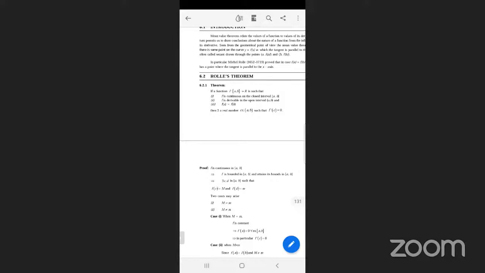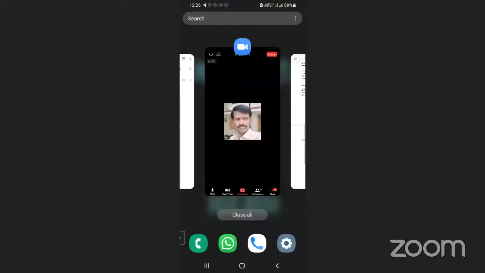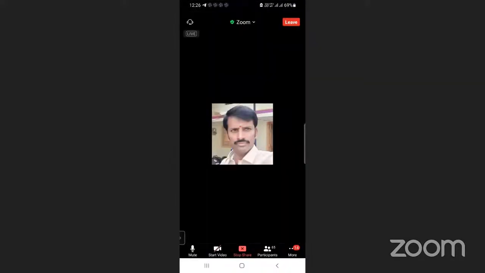This is the theorem; yes, you can see the geometrical interpretation of this theorem. So here, assume this is the x-axis, y-axis, and I am taking one continuous curve like this.